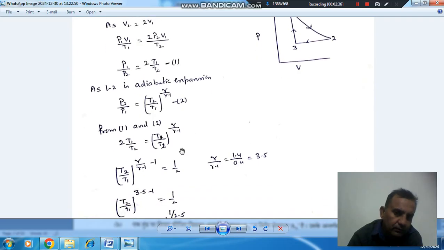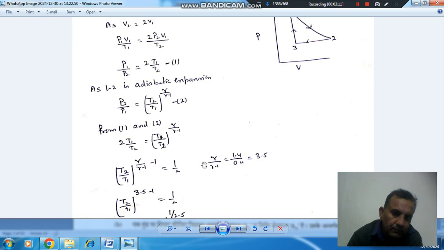Rearranging, (T2 by T1) raised to gamma by gamma minus 1 minus 1 is equal to 1 by 2.